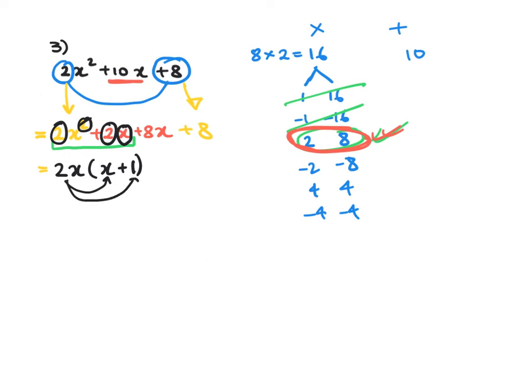Now, plus, we're dealing with the second two terms, 8x and plus 8, and we're doing the same thing. We're looking for the common factors. 8 is common, so take it in front of the brackets.